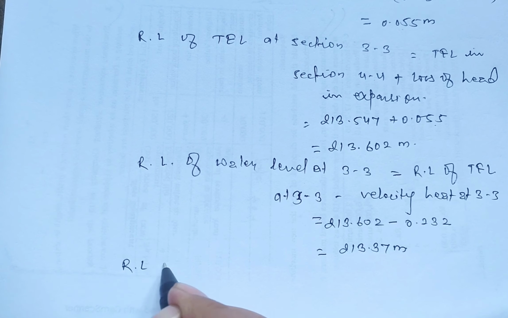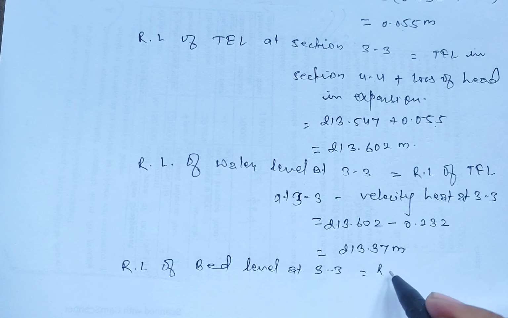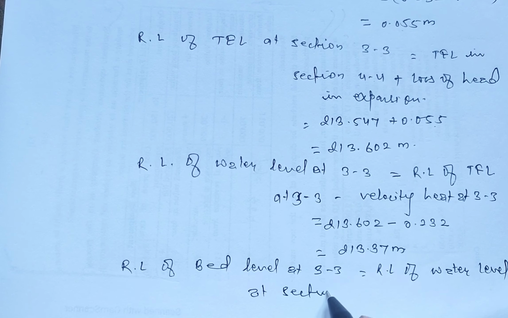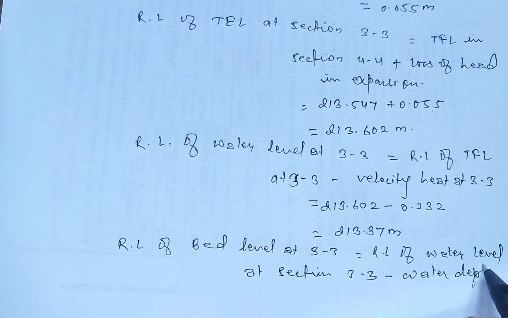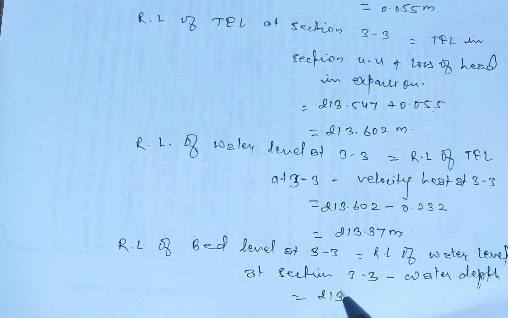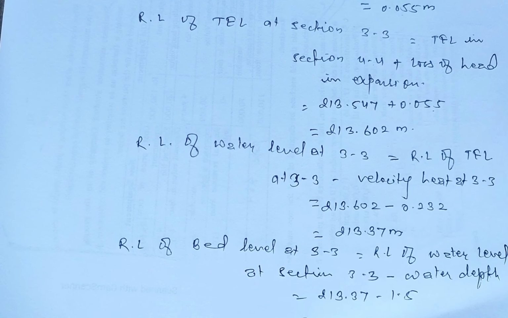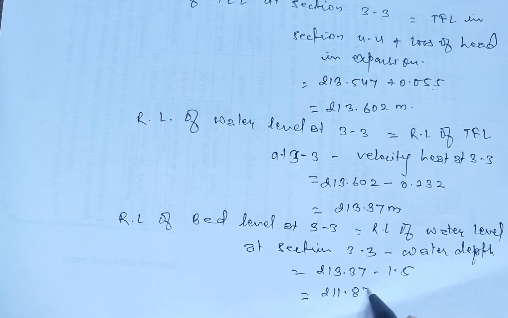And at the last, in section 3-3, the RL of bed level at section 3-3 equals RL of water level at section 3-3 minus water depth. The RL of water is 213.37 minus 1.5 equals 211.87 meter.